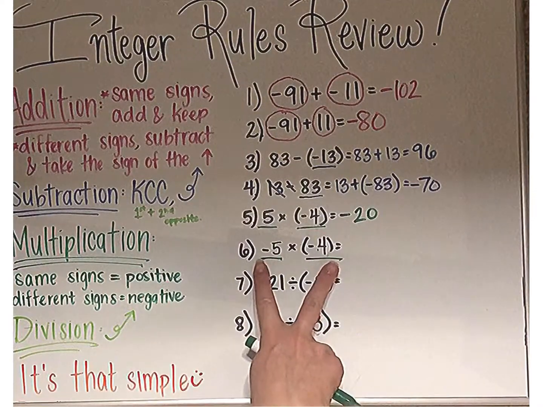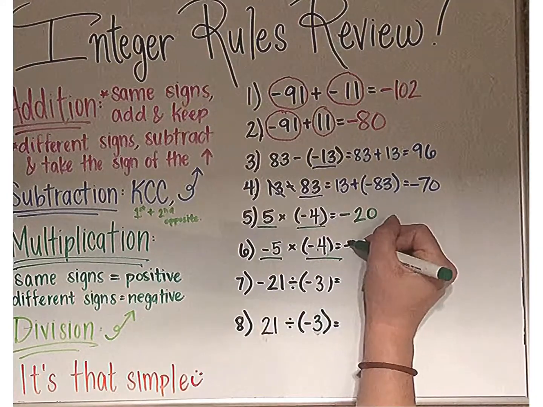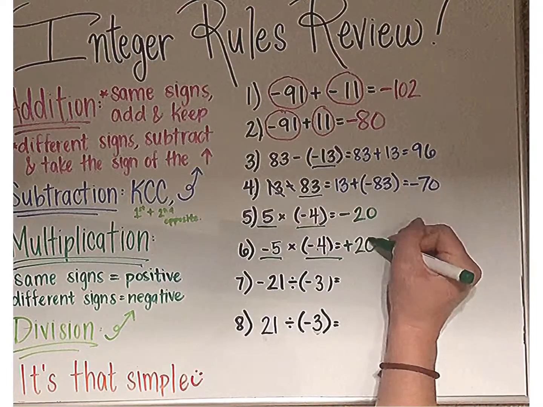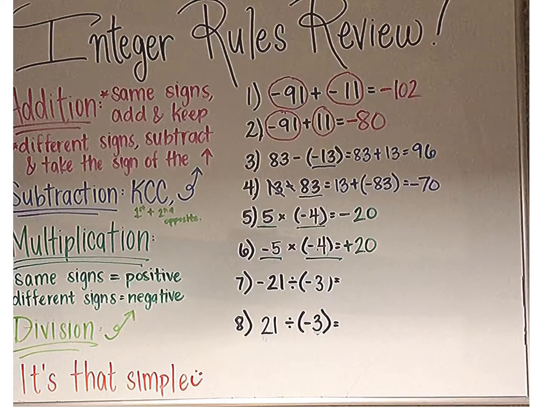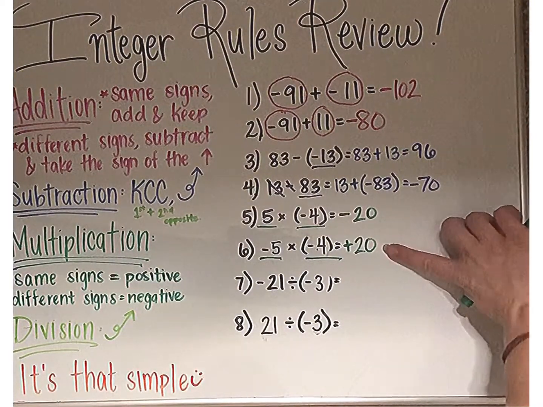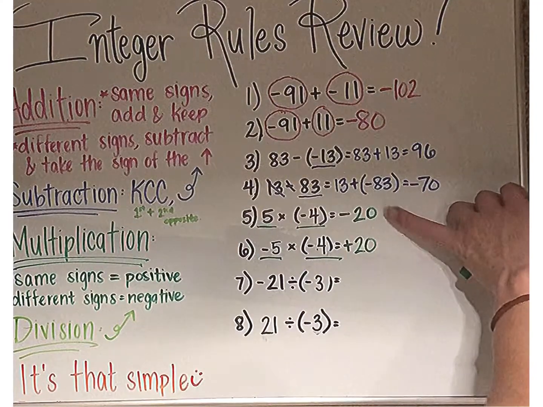These are the same sign. Both are negative, so my answer will actually be positive. And 5 times 4 is 20. So the difference between number 5 and 6 is here we had 2 negatives, so we had the same signs, while here we only had 1 negative and they had different signs.